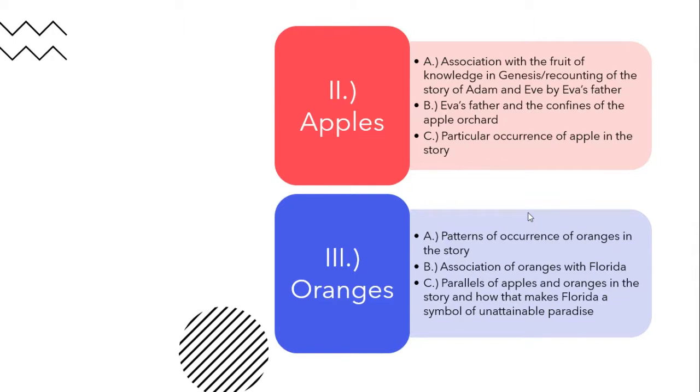They might be really on the surface. But then perhaps hidden a bit beneath the surface are some related experiences of this girl's father and her family. So you might talk about the apple orchard and how it represents a certain emotional state of Eva's father. And then you might tie that all together with a particular occurrence of apple in the story, right?